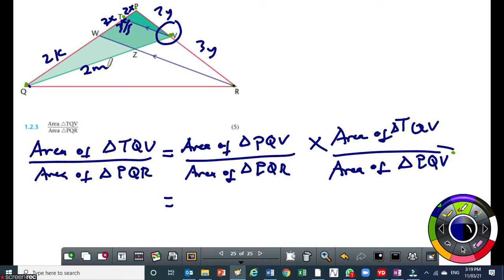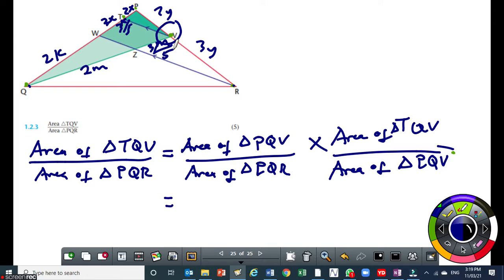The coefficient of the TW in terms of k is 3k over 5, so here it has to be 3m over 5. The coefficient of the constant must be the same. But the constant is a letter. So let me substitute now in terms of the constant.